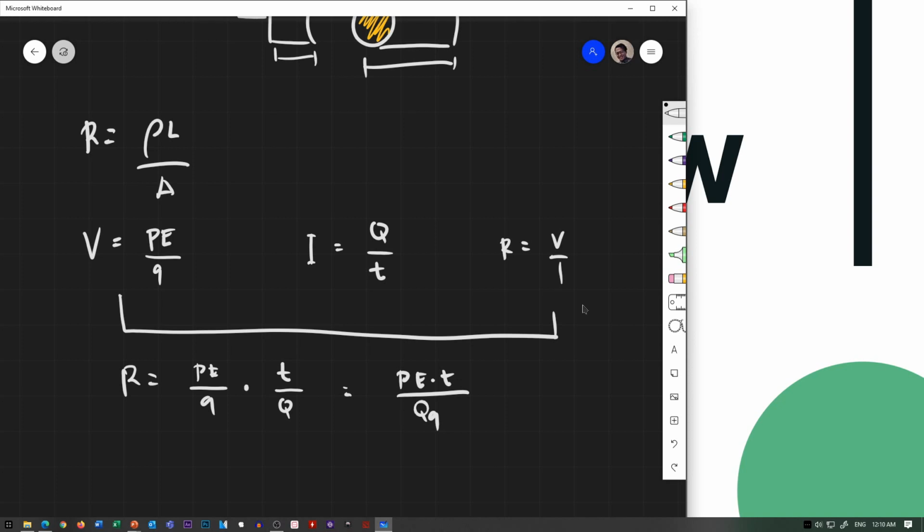And then energy over time is work over time, so that can be power over Q squared.